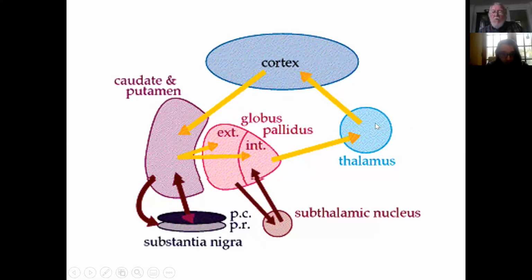Now, a lot of people may think about it from a thalamo-cortico-striatal circuit, because what are you looking at there? You're looking at that from a sensory standpoint, right?